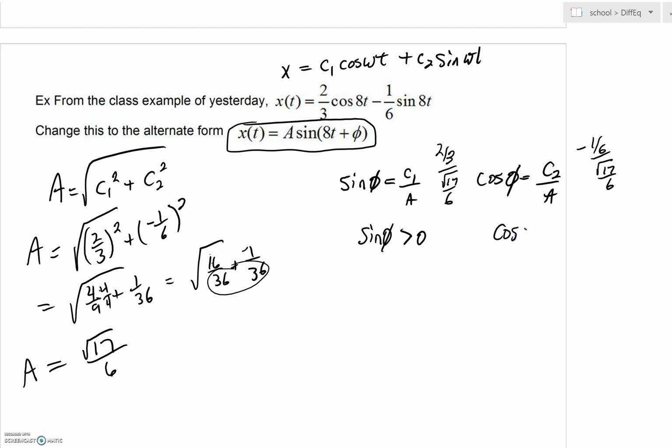More to the point, cosine of phi is negative. So that then begs the question, in which quadrant would sine of an angle be positive, but the cosine of that angle be negative? Well, we could very quickly go back to our All Students Take Calculus and know that the sine is positive in quadrant 2, where cosine would be negative. This is a second quadrant angle.